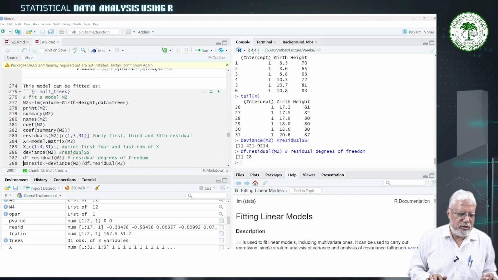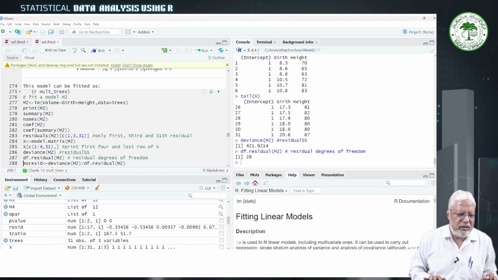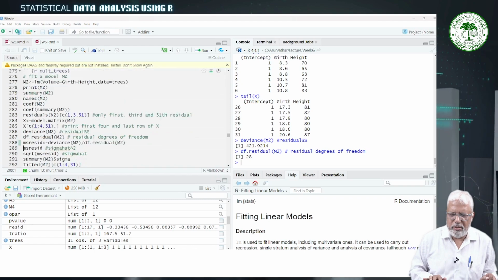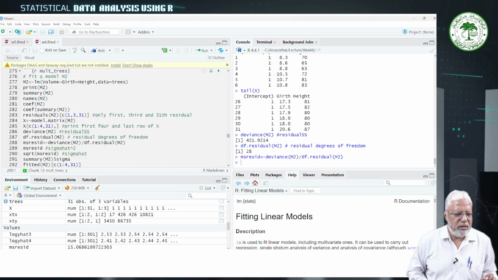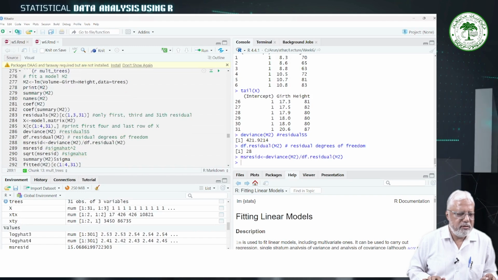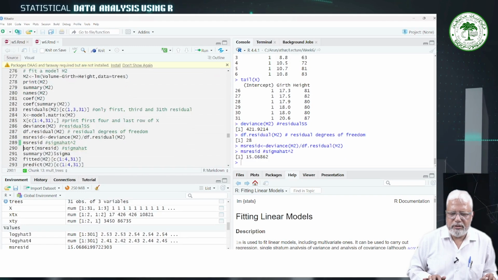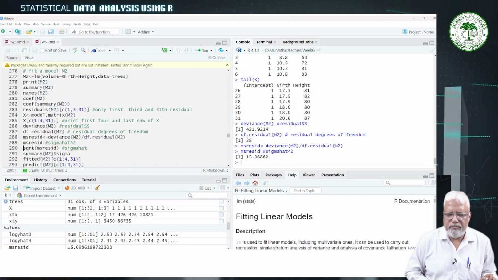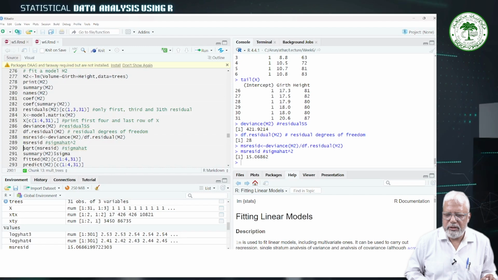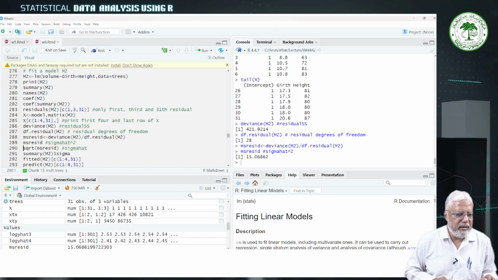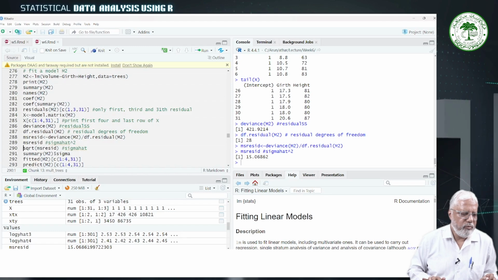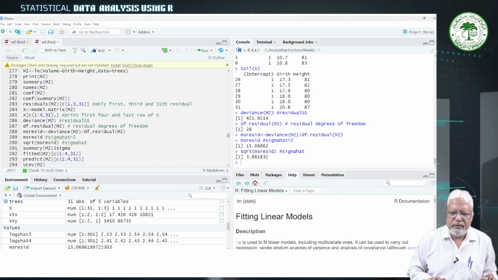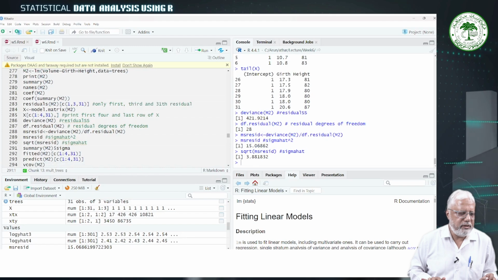And then MS resid is deviance divided by DF residual, and the square root of deviance is 3.88.